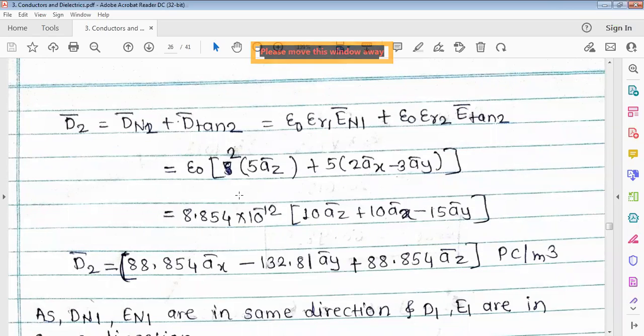Therefore, D2 bar is equal to Dn2 bar plus D bar tan 2. This is for the second region, the second dielectric material only.